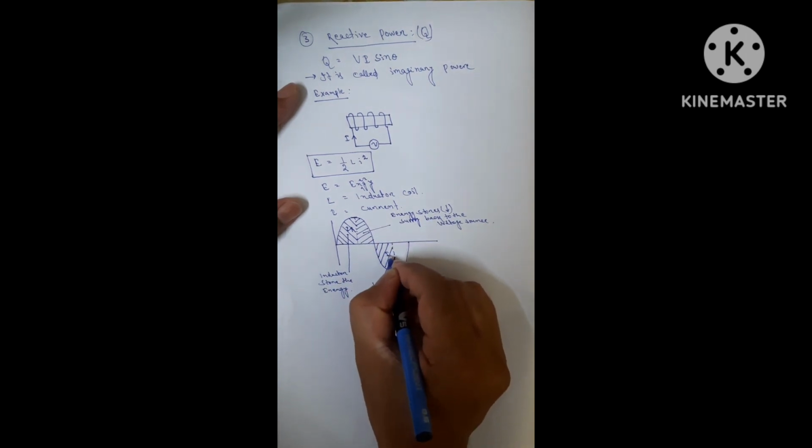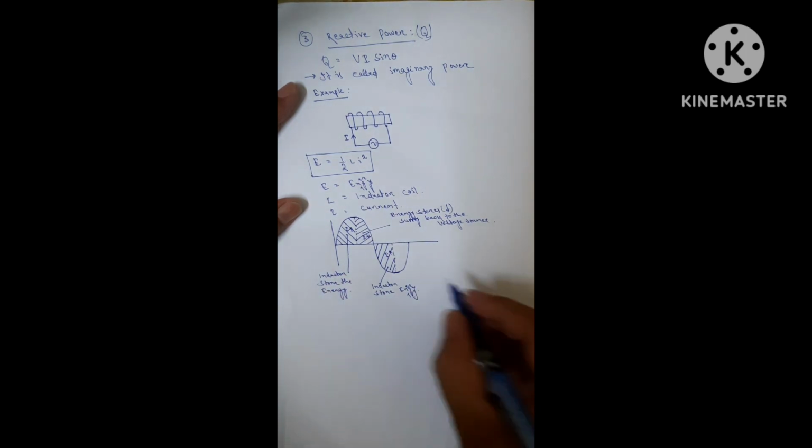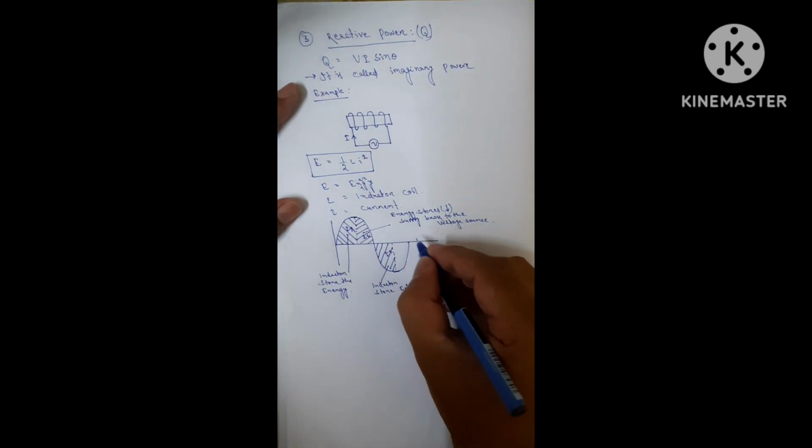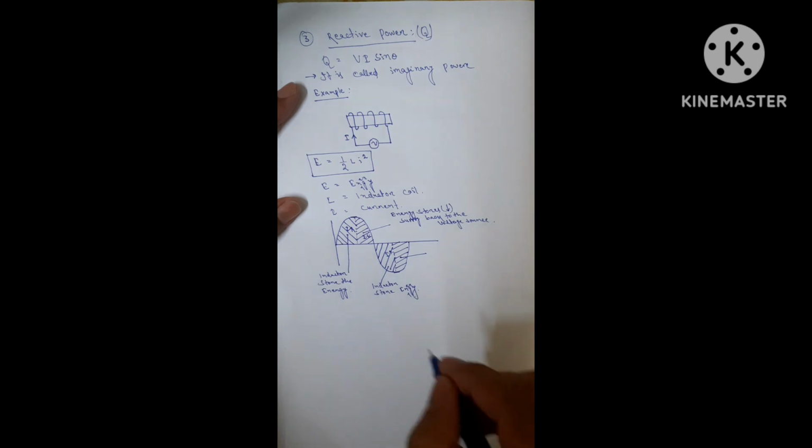Here current also increases. Now if you see what happens in the fourth quarter, this one is your fourth quarter.